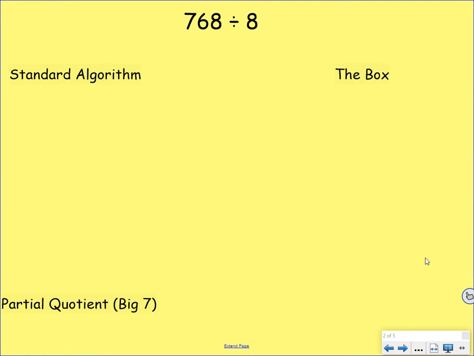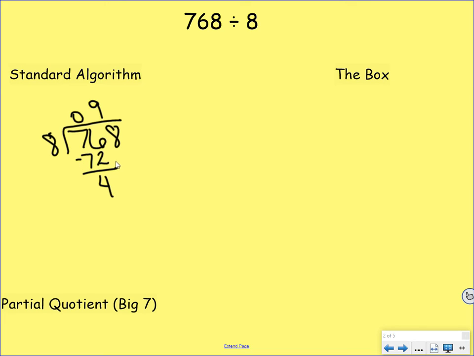Standard algorithm. Now remember, this problem reads 768 divided by 8. How many times does 8 go into 7? It doesn't. How many times does 8 go into 76? Well, I know my facts, so I know it goes in 9 times, because then I can subtract 72.